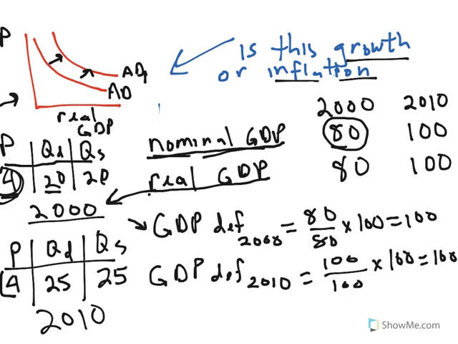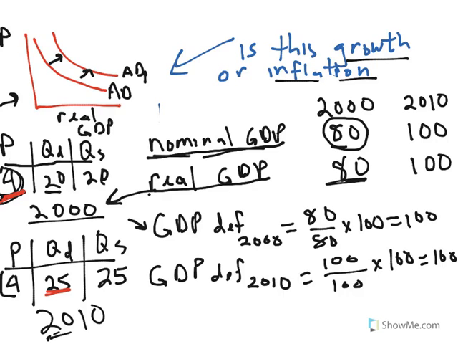So the real GDP in 2000 is the 2000 price times 20, which is 80, right? And the real GDP in 2010 is the 2000 price, this one, times 25. It'll always use the base year to get 100.